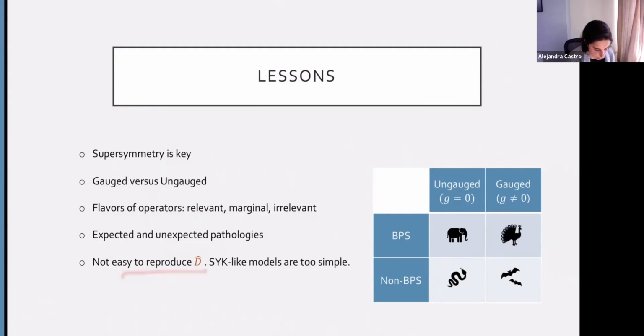The last thing I want to emphasize is that it will be interesting to understand how to reproduce these corrections from the point of view of the dual description. As far as we have investigated in SYK models, it's not possible to encapsulate all of this richness. So we need to be better at understanding what a near CFT1 is and how all of this data can be encoded in a dual description.